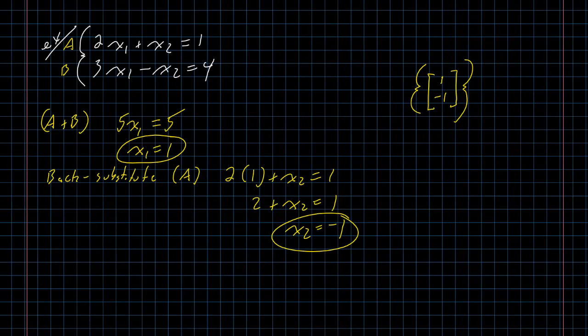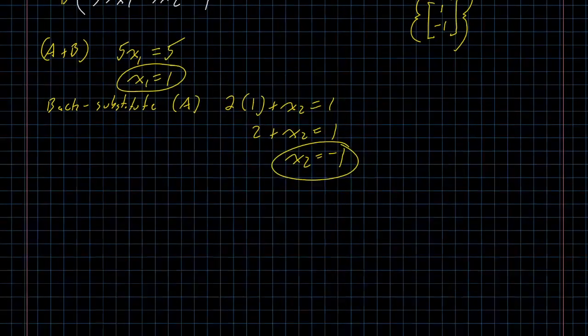All right, let's ramp up the difficulty just a little bit, going from a system of two equations in two variables up to a system of three equations in three variables.